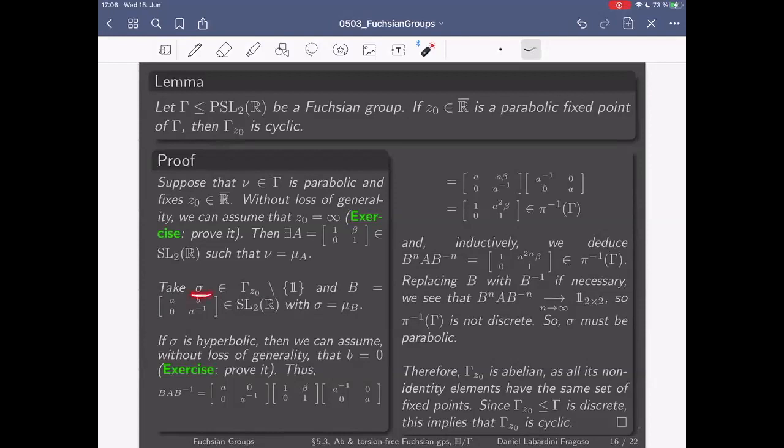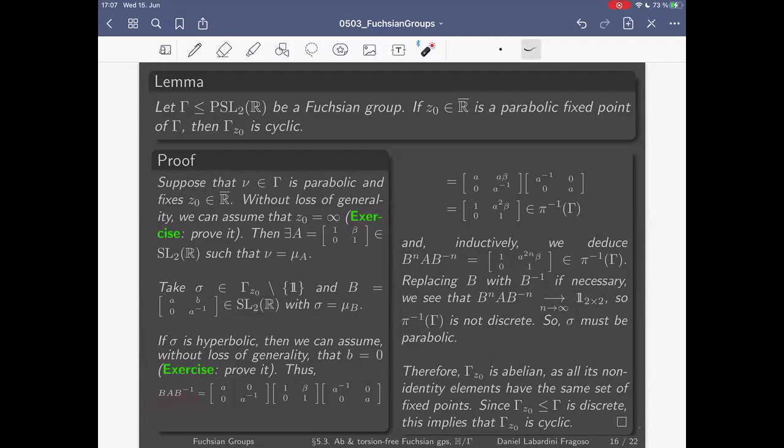So now if we take some element sigma, which does lie in the stabilizer and comes from a matrix of this form, then if sigma is a hyperbolic element, we can assume without loss of generality that actually B is 0. This is again an exercise to think about why exactly that should be true.